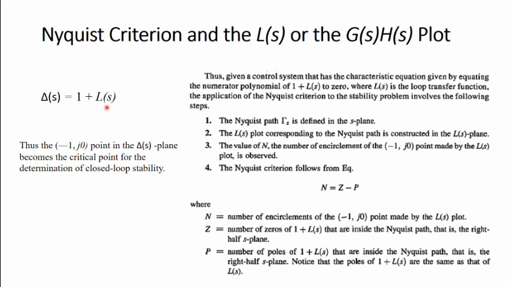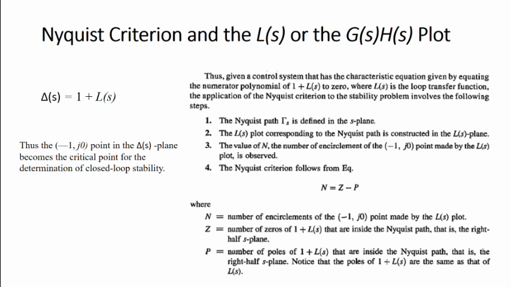So what Nyquist has done, the critical point which was the origin in the earlier case, he has shifted to the point -1 j0. Why? Because if 1 plus G S H S is equal to 0, then G S H S is equal to -1. So that is why the critical point which was the origin is now -1 j0 in the delta of S plane, and it becomes the critical point for determining the closed loop stability.